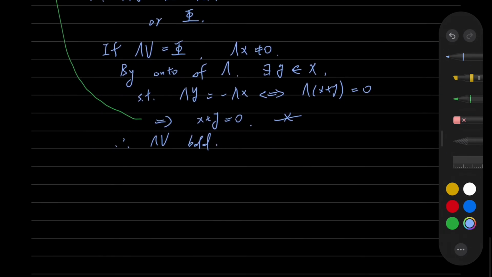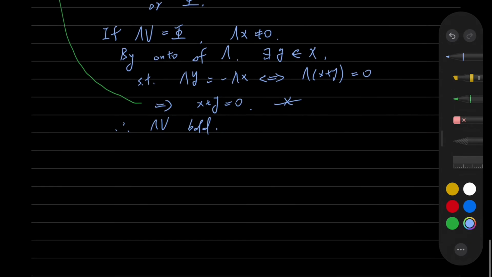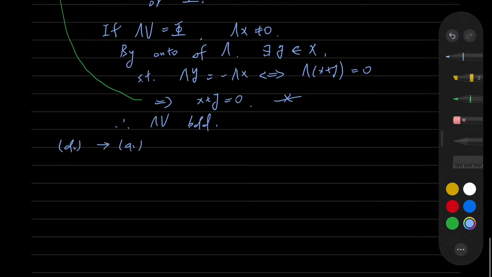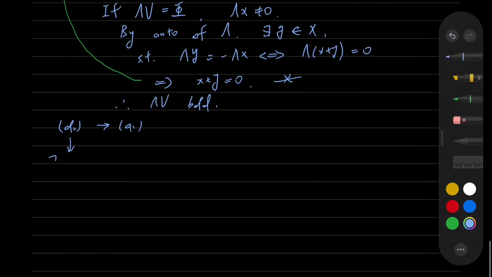And finally, we have D to A. So D says that there exists a neighborhood V such that lambda V is bounded. And A says that lambda is continuous.